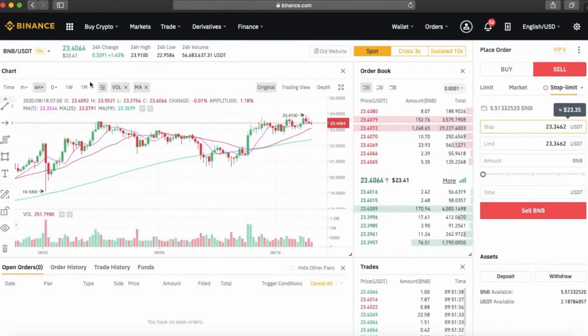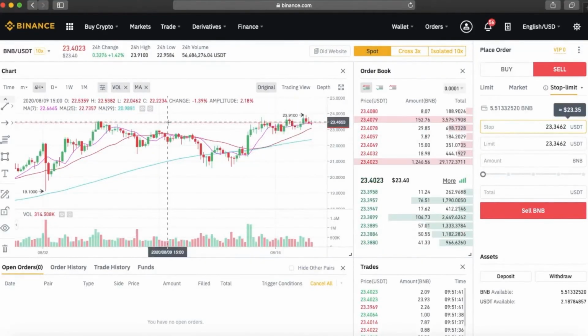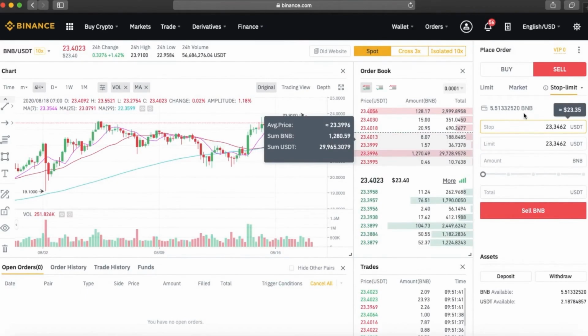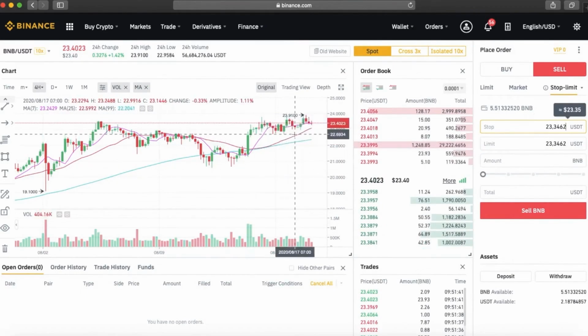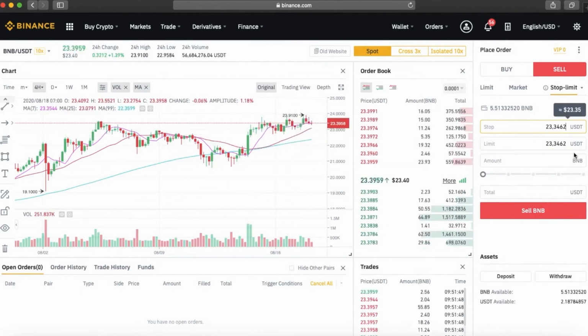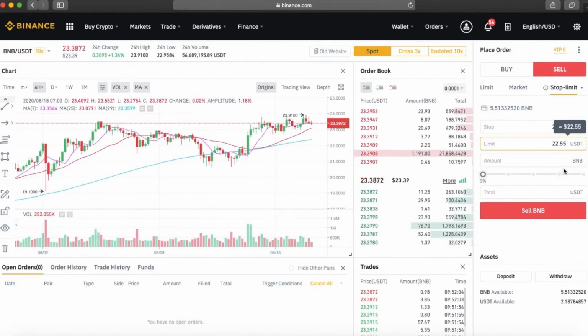Right now it's a BNB cent. Friends, you are saying here, for example, 22.75. Here you are saying, when it reaches 22.75, we say, sell my BNBs at 22.55.